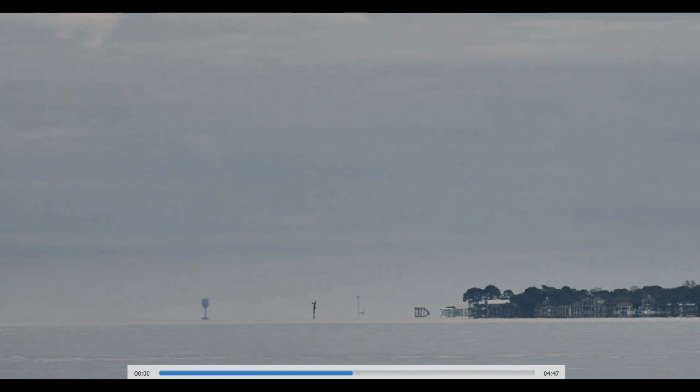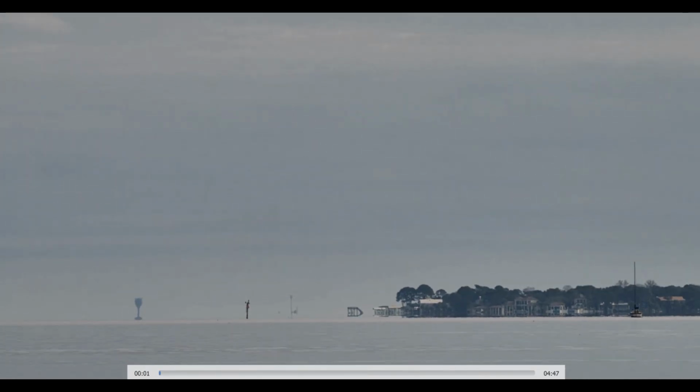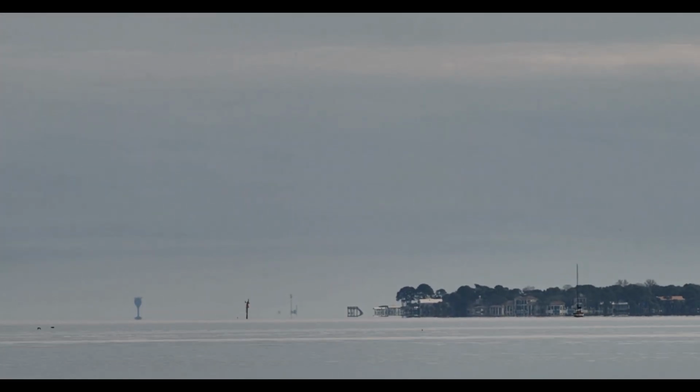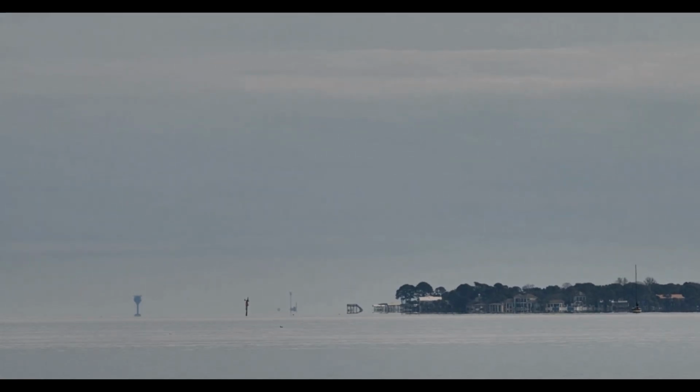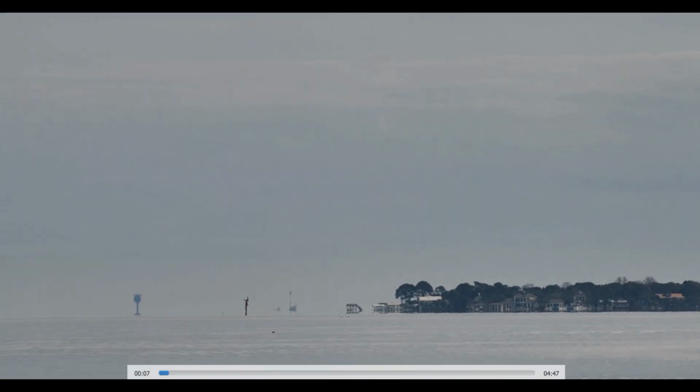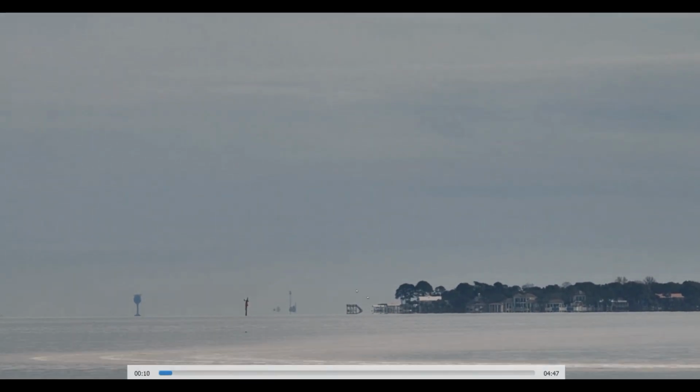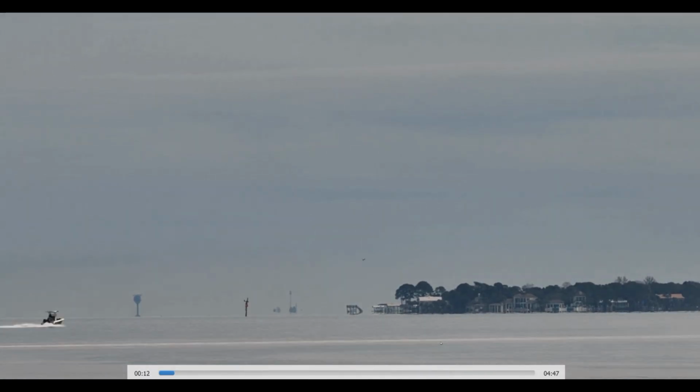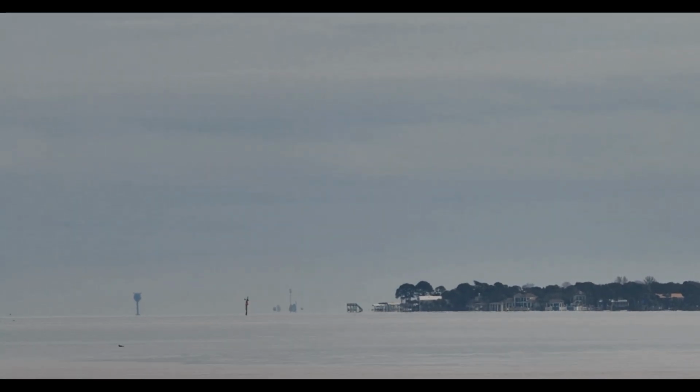All right, here's the time-lapse footage that I took. I got out here about 10 in the morning and went to about noon. And here we go. Just pay attention in here. You start to see things appearing out here in the distance.